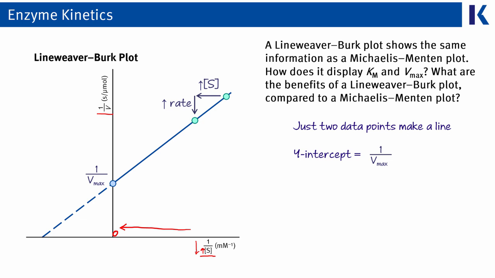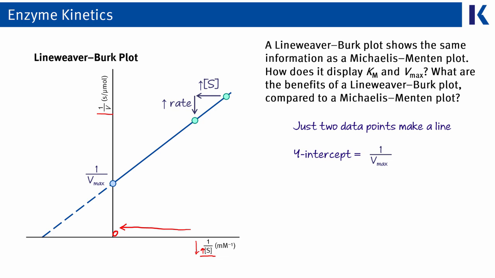Starting with, we need to know where the half-max value is. Given that the y-axis is 1 over the reaction rate, and given that we now know where 1 over Vmax is, think for a second and indicate on your diagram where you believe the 1 over half-max value should be found.